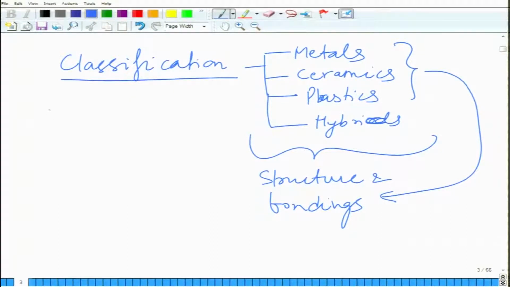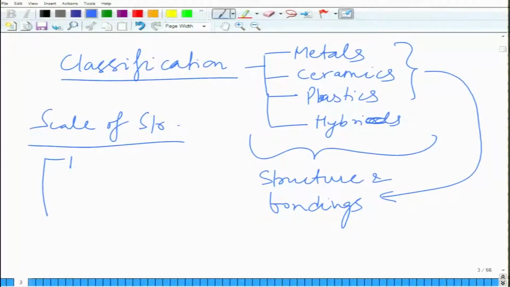And then we looked at the scale of structure. So, structure has various scales. First scale is the macro, second is micro, third is nano, fourth is atomic.